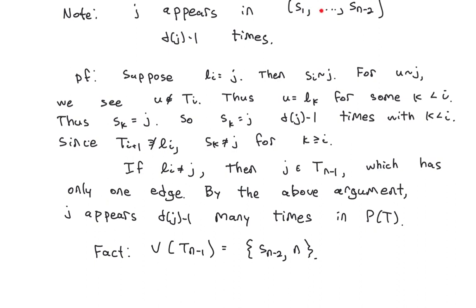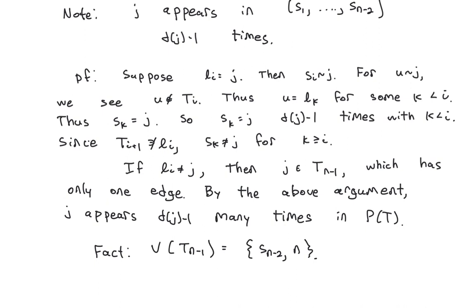But how did we construct this sequence? As soon as we decided to prune off the vertex U, we recorded its unique neighbor in the tree. Since U is adjacent to J, that unique neighbor has to be J. So in particular, we see that J has to appear in the list one time for every neighbor of J except the neighbor S_i.